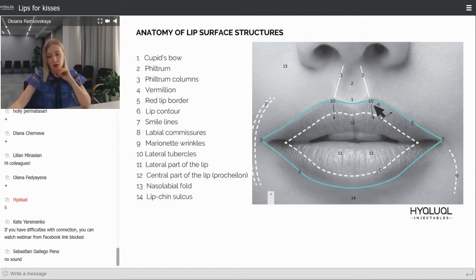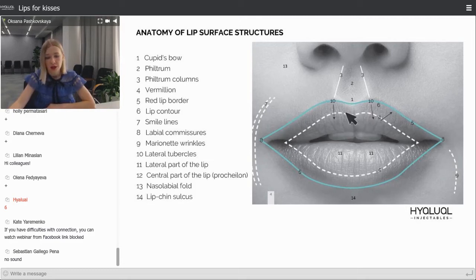And here in the central part of the upper lip we have the central tubercle. We could also mention that it's the peak of the philtrum.